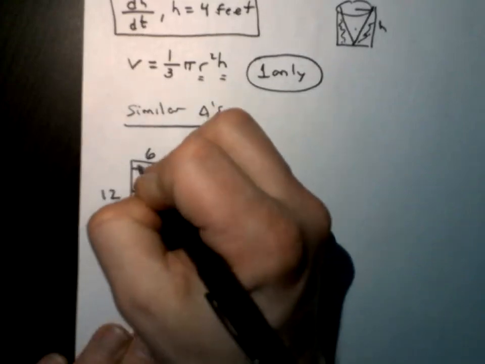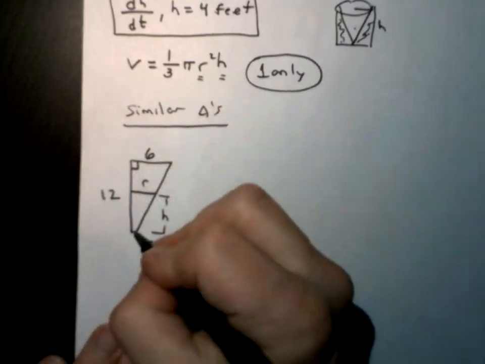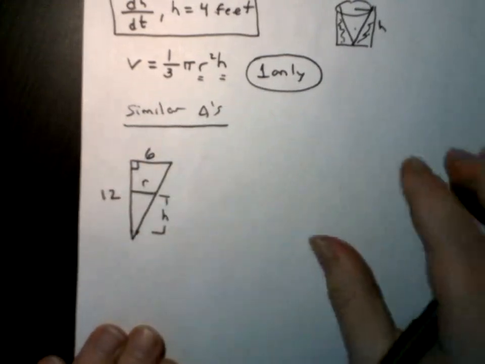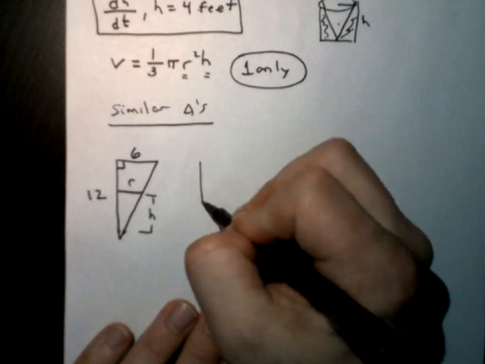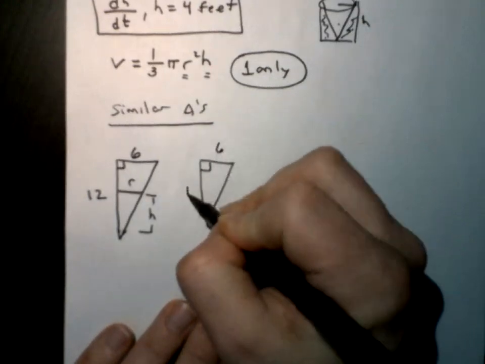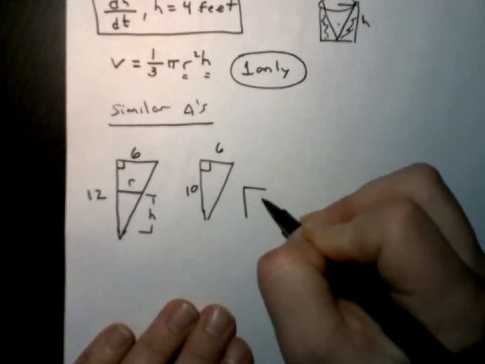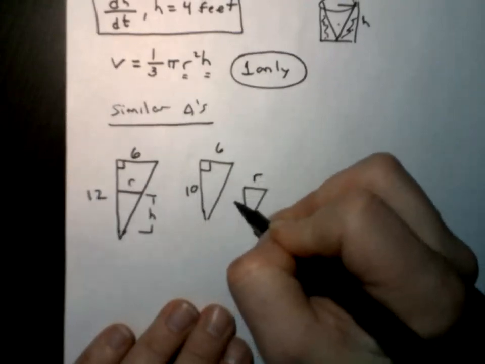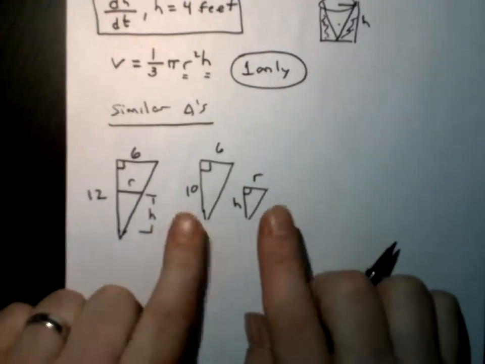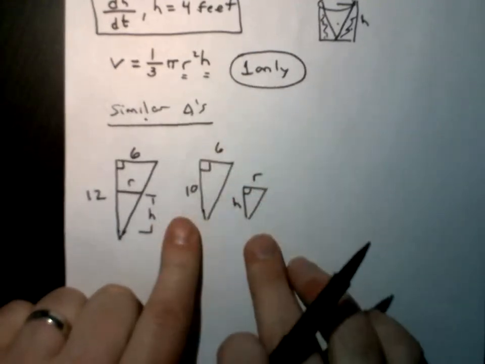Now, this has a 90 degrees here. If we split these up, which we could, and I'm going to show you how, you're going to see something. This is 6, this is 10, then I make a smaller triangle. This is R, this is H. Do you see how this could be a proportion because they're similar?